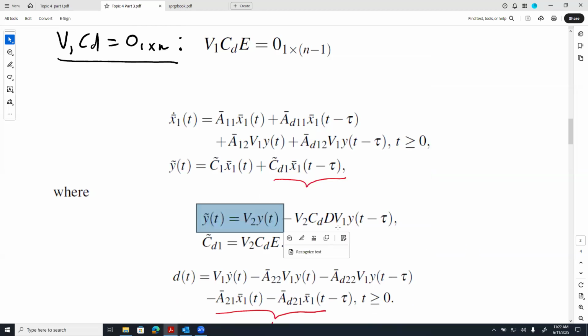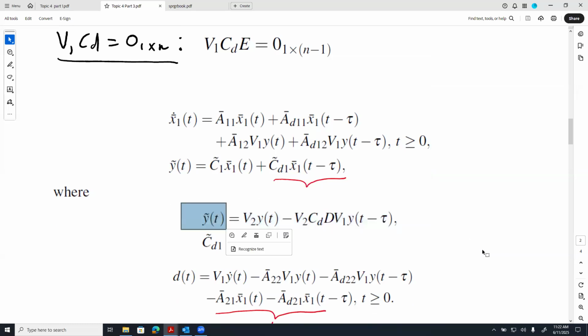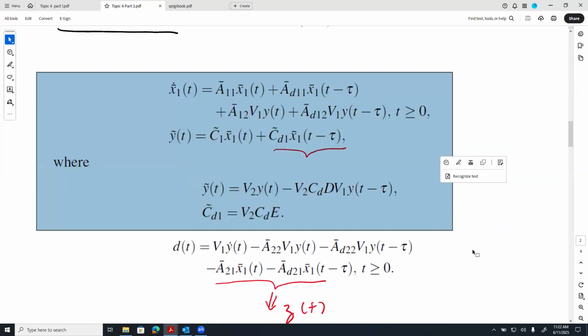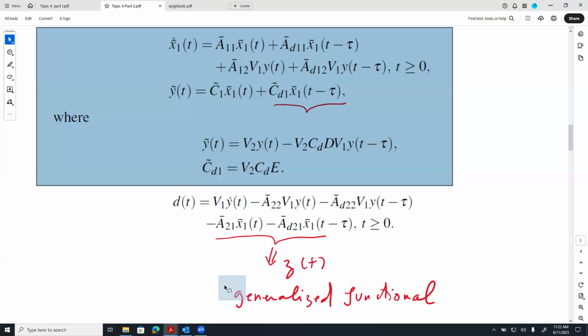It also contains the instantaneous output measurement vector and the delayed output measurement vector. Of course, we know y of t, so this can be easily obtained, and that's why this output measurement vector is known to the designer. The unknown input itself is in terms of a generalized function now.